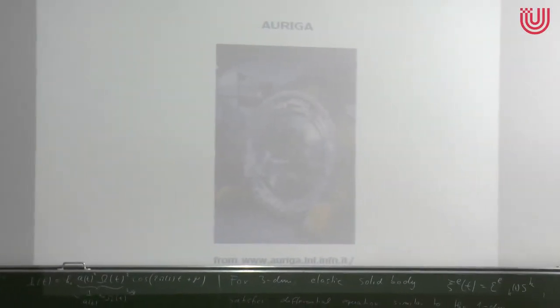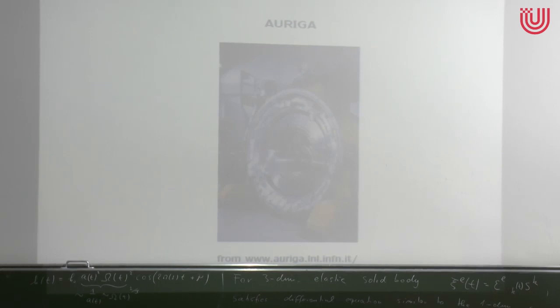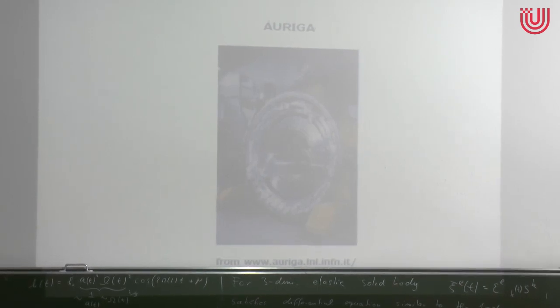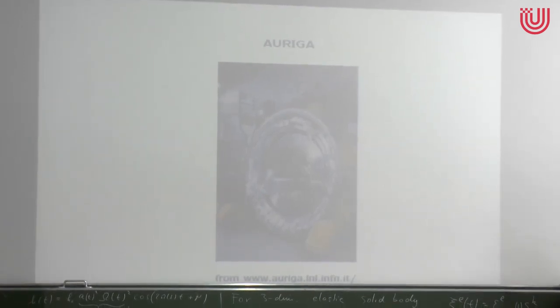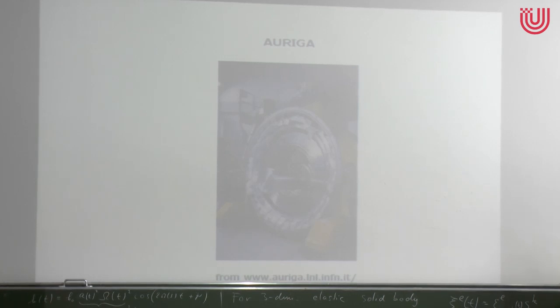Even after his death, there were certain attempts to follow up on this kind of research. I think the most ambitious, the most sophisticated resonant bar detector that was ever built was Auriga. This was in Italy, near Padova. It's a cylinder. Can you see this?